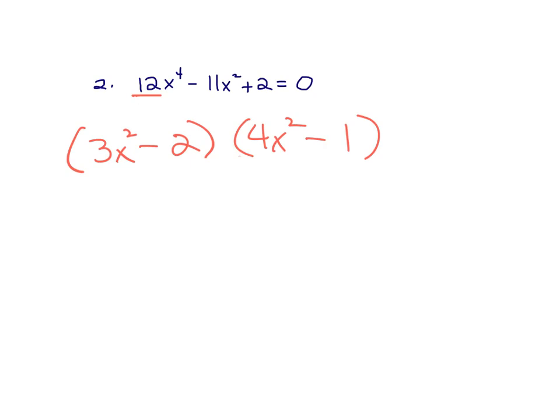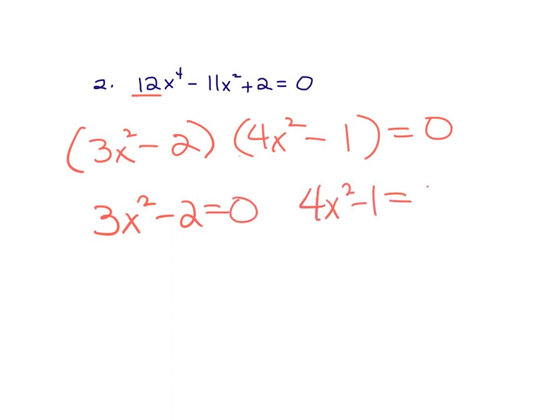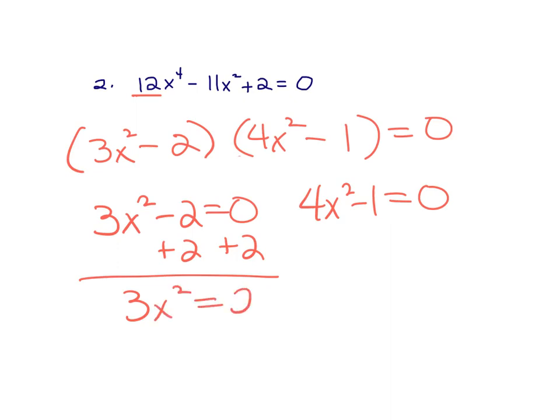Now I need to set each factor equal to 0. So 3x squared minus 2 equals 0. 4x squared minus 1 equals 0. Add the 2. You had a question like this on the test. 3x squared equals 2. Just this part of the solving. Divide by 3.